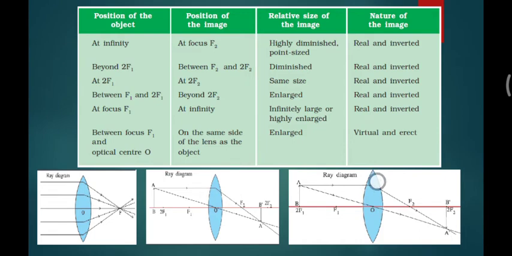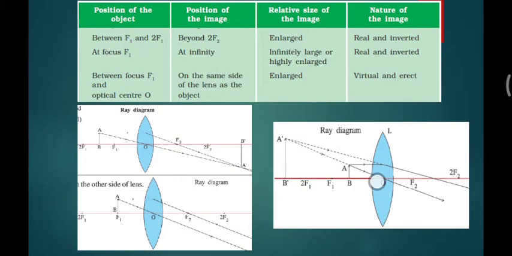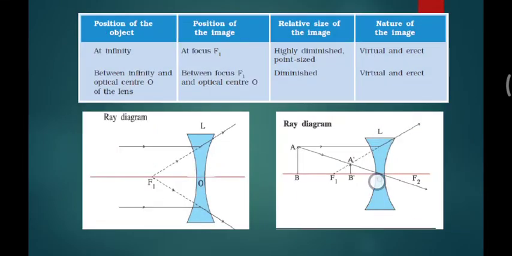So if anybody asks in an MCQ what image a convex lens forms generally, your answer is real and inverted; only this one is the special case. Now we go for the concave lens.